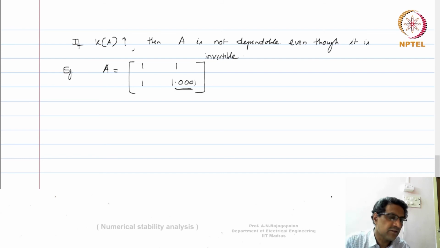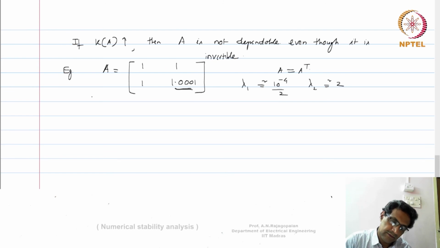Now, let's check this out. Since A is equal to A transpose, let's look at its eigenvalues. Lambda 1 is approximately 10 power minus 4 by 2, and lambda 2 is approximately 2.